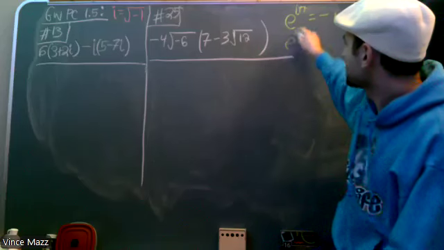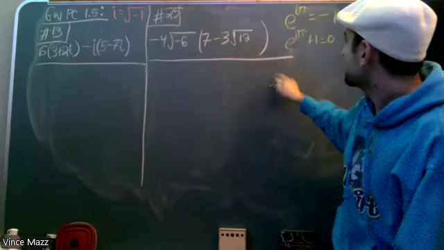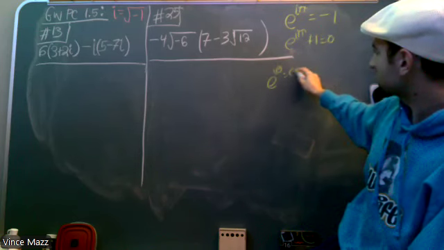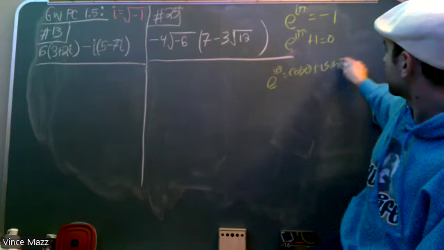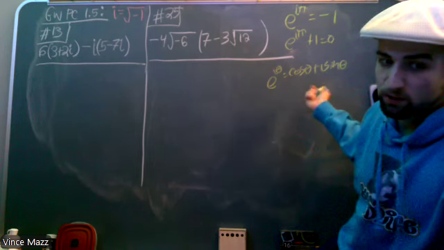Or you might see it as e to the i pi plus 1 equals 0, or e to the i theta is equal to cosine theta plus i sine theta. And if you already know trig, then you understand why that would equal -1, right?